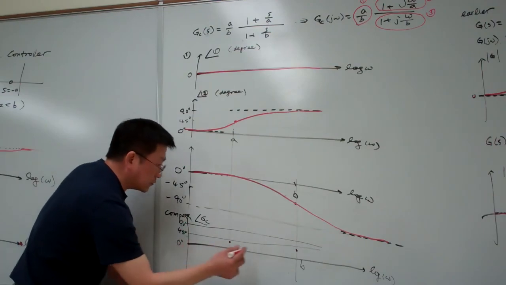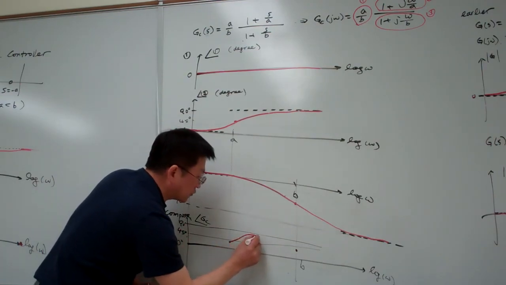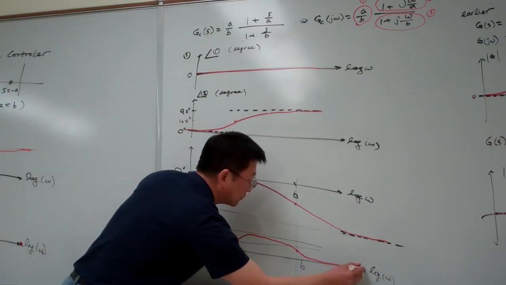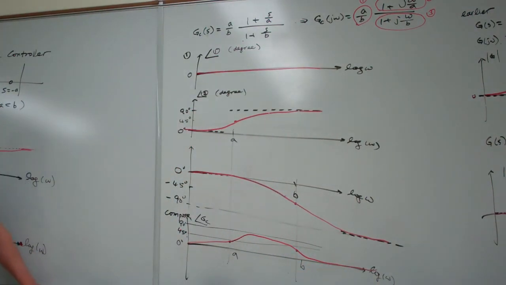So in between, something like this is the approximation, and then it goes back to 0. You good? By learning the skills of manual drawing, it will help you to quickly analyze things, and later on we're going to use it. So for these sections, we've done this.